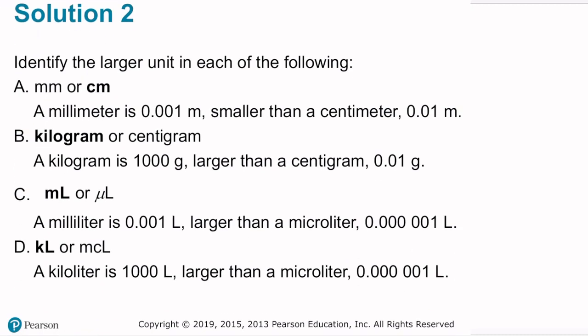A millimeter is 0.001 meters, which is smaller than a centimeter. A kilogram is larger than a centigram. A milliliter is larger than a microliter, and a kiloliter is larger than a microliter.